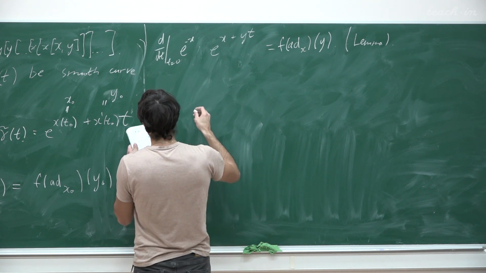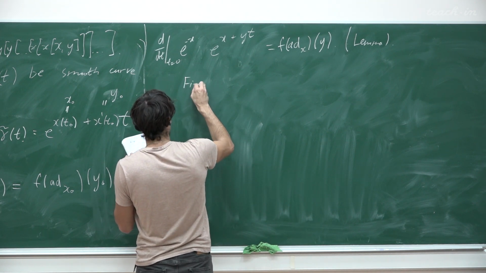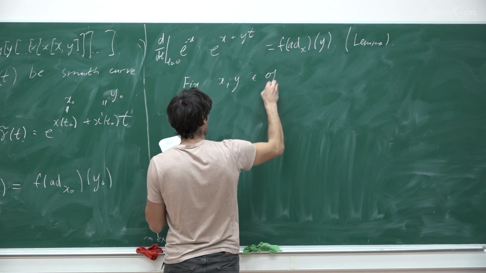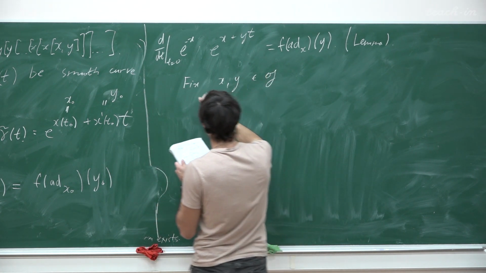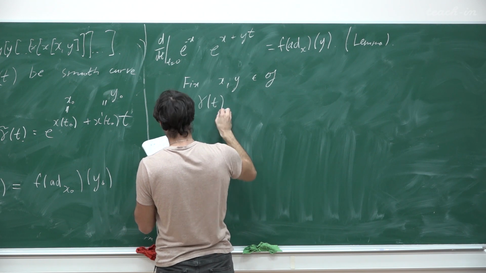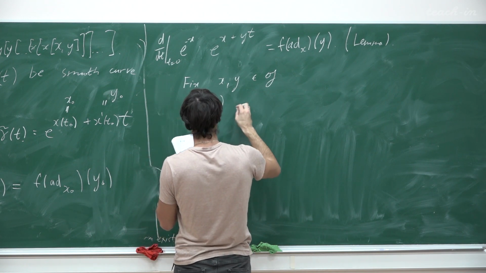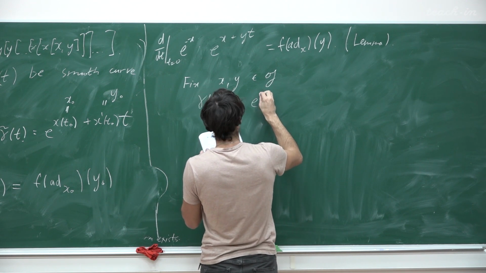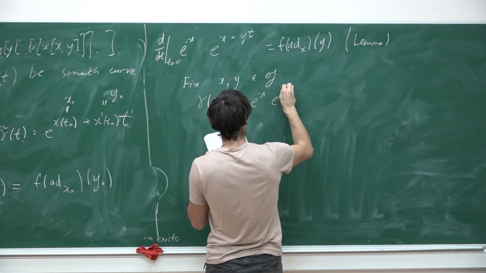So now let me fix, like in the theorem, x and y in G, and let me consider gamma of t to be e of x, e of ty.